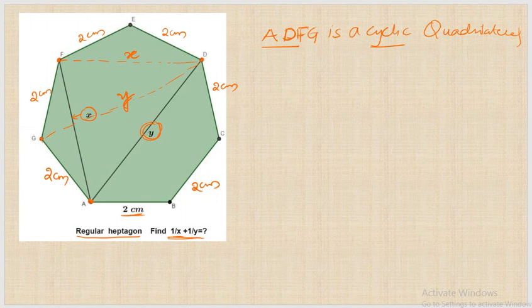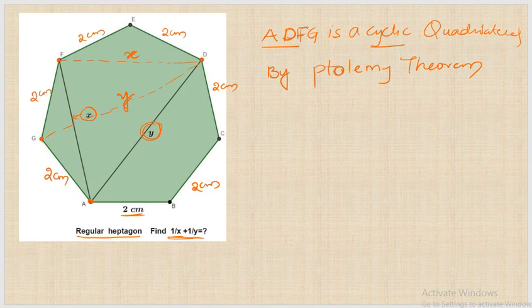Since the concept of a cyclic quadrilateral comes, we can go for Ptolemy's theorem. What is Ptolemy's theorem? By Ptolemy's theorem, the product of diagonals is equal to the sum of products of opposite sides.